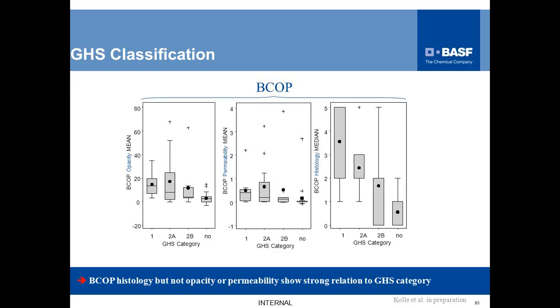The same is true for the permeability value, so there's no clear trend of the permeability value to increase with GHS categories. Histology, as we've just seen, is predictive for the severity of eye irritation.